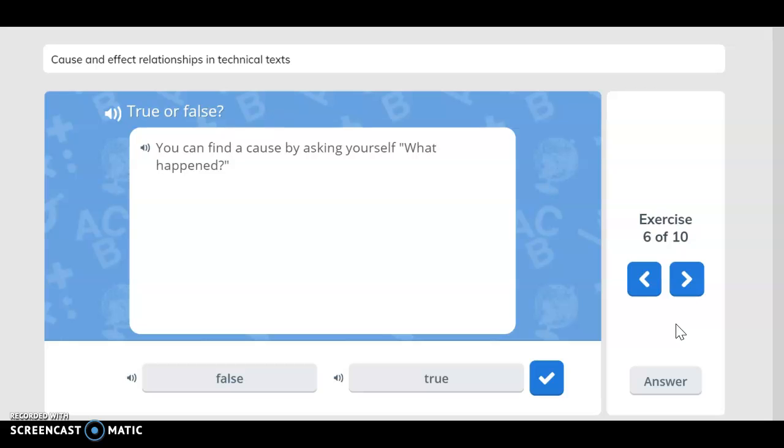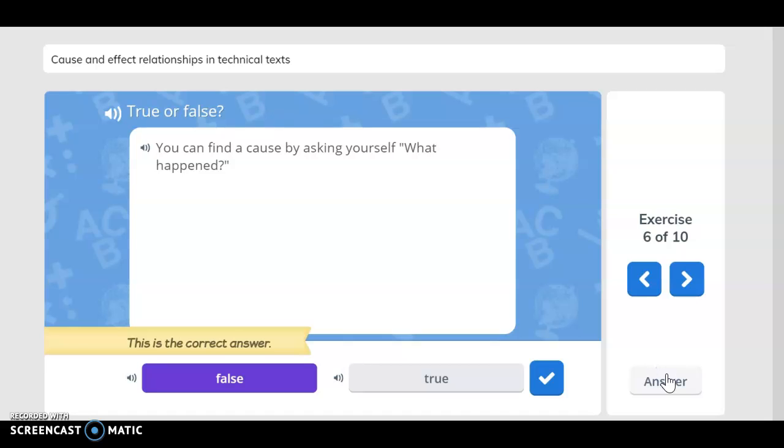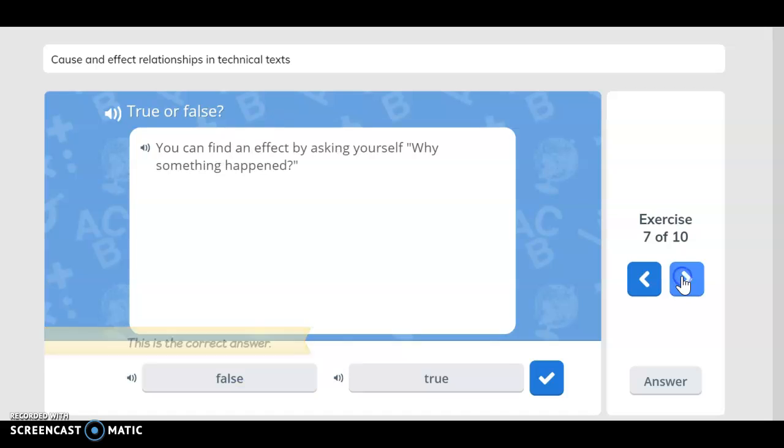You can find a cause by asking yourself what happened. If you said false, you are correct. You can find an effect by asking yourself why something happened. You said false, you are correct.